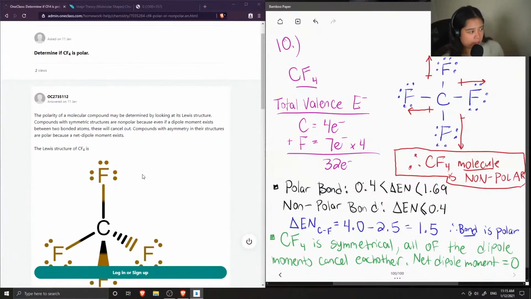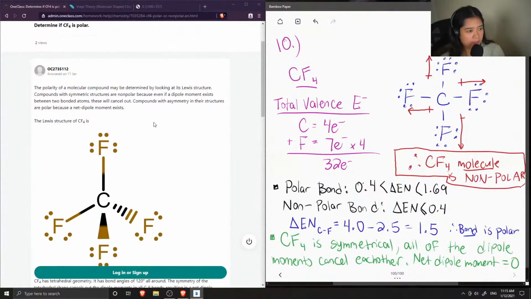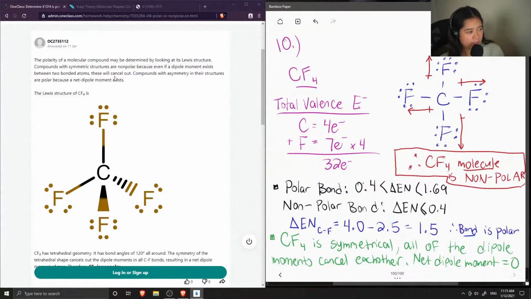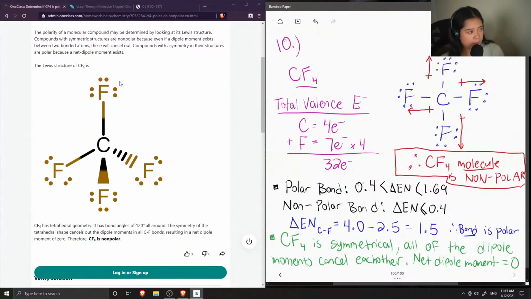And the junior tutor said that the polarity of a molecular compound may be determined by looking at its Lewis structure. Compounds with symmetric structures are nonpolar because even if a dipole moment exists between two bonded atoms, these will cancel out. Compounds with asymmetry in their structures are polar because a net dipole moment exists. The structure of carbon tetrafluoride is the following.